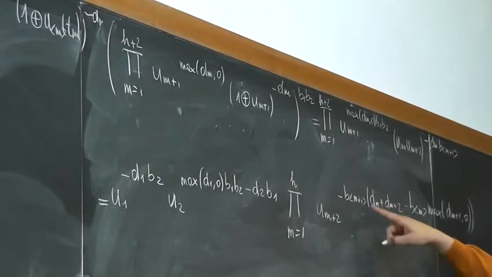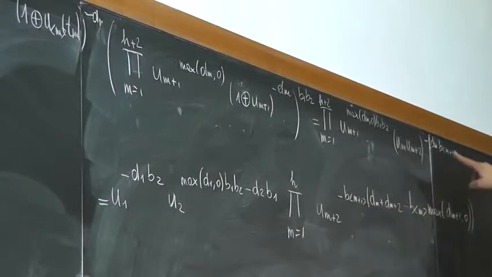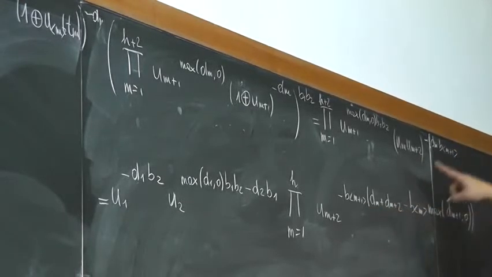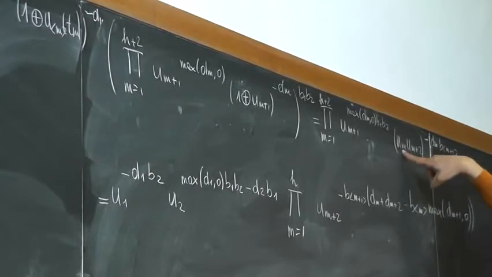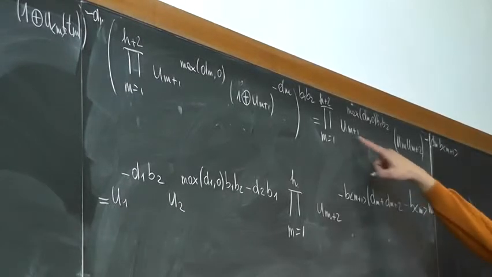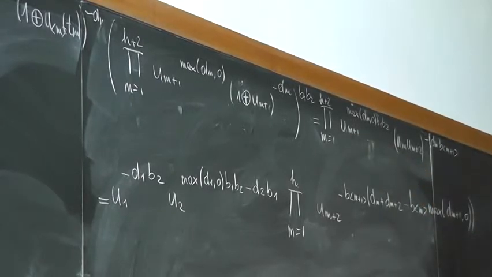Okay, so let me see. Minus bn plus 1 dn is this. And then minus bn plus 1 times bn plus 2. We obtain this as an exponent of un. The index is smaller than 2, and then this we will figure out.